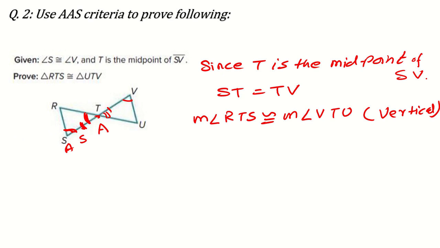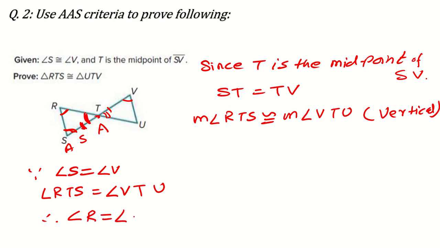Yes, but here we want to apply AAS criteria. So what will we do? We will consider another angle, the third angle, this one. Since angle S is equal to angle V and angle RTS is equal to angle VTU, therefore it's necessary that angle R will be equal to angle U, as the sum of the internal angles of a triangle must be equal to 180 degrees.